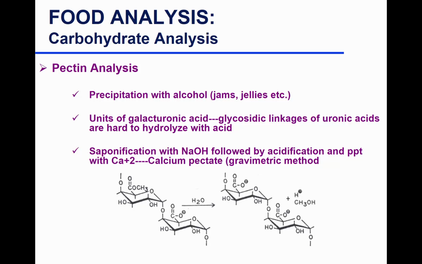The reason we do saponification is because it's really hard to break the glycosidic linkages of the galacturonic acid bonds. The saponification step allows for the removal of the methyl group, and when you have acidification in the presence of calcium, you form bridges, and then you can precipitate and make gravimetric measurements, measuring the weight of the precipitate.